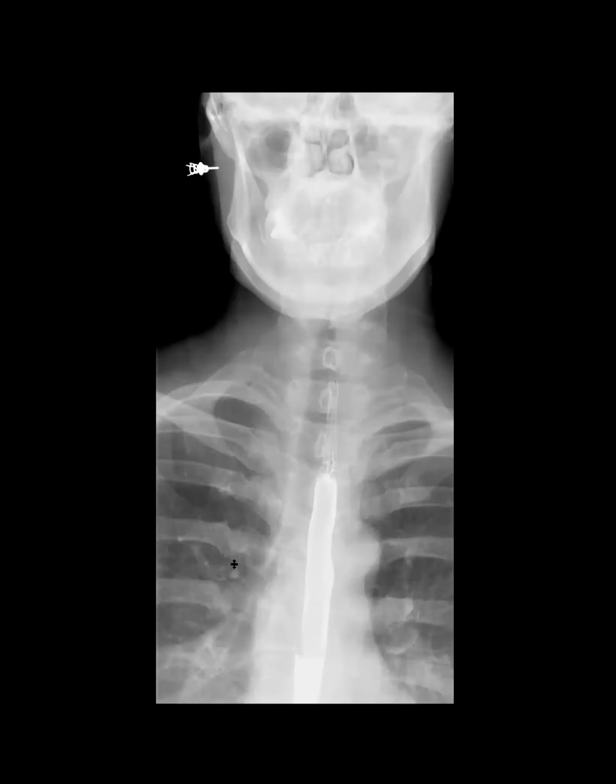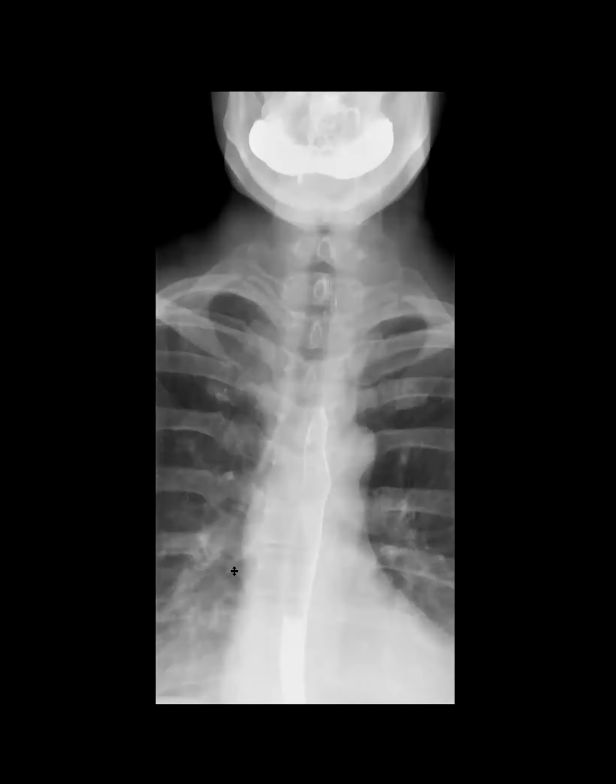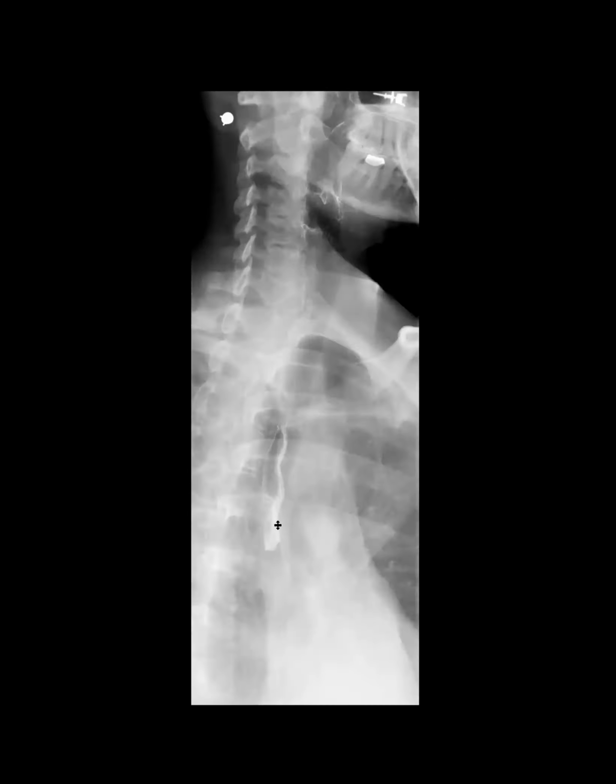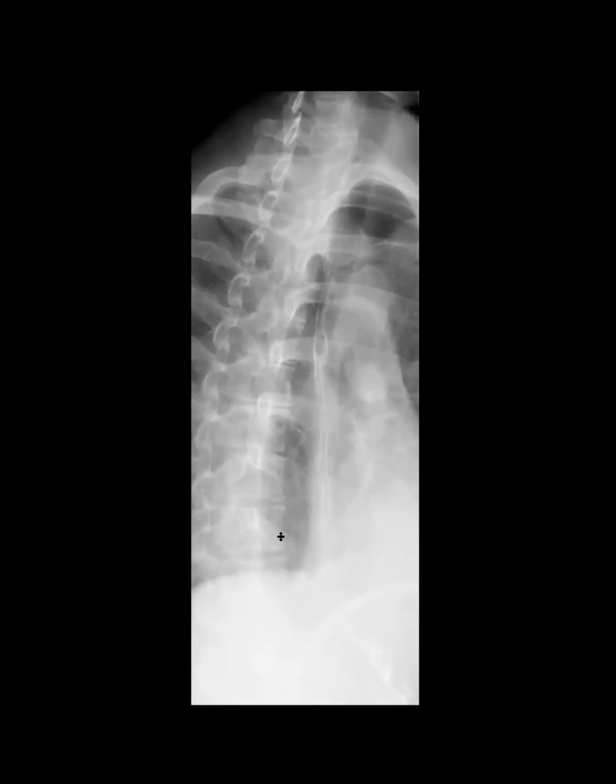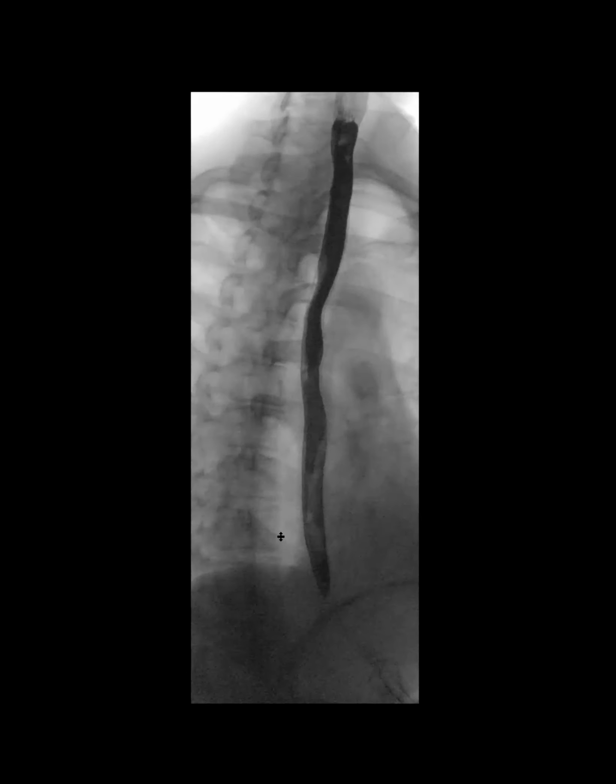So impacted. So what is the finding? Let's see. Do I have better images here? This patient had an endoscopy and biopsy, which raised the differential to consideration.